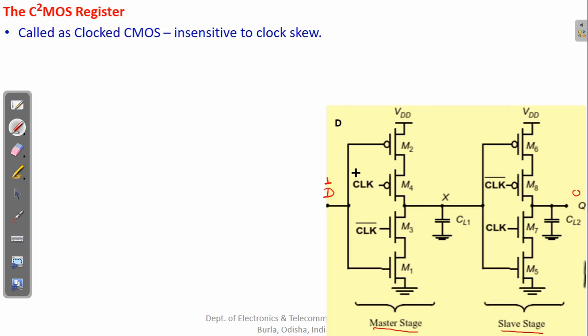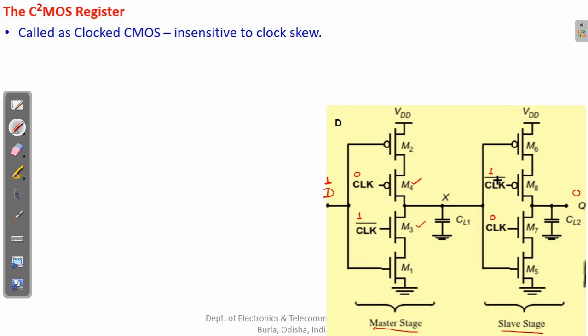Let us assume that clock is 0, so clock bar becomes 1. If clock is 0, this M4 is on, and clock bar is 1, applied at M3, which is an enabling input for an NMOS, so this is on.